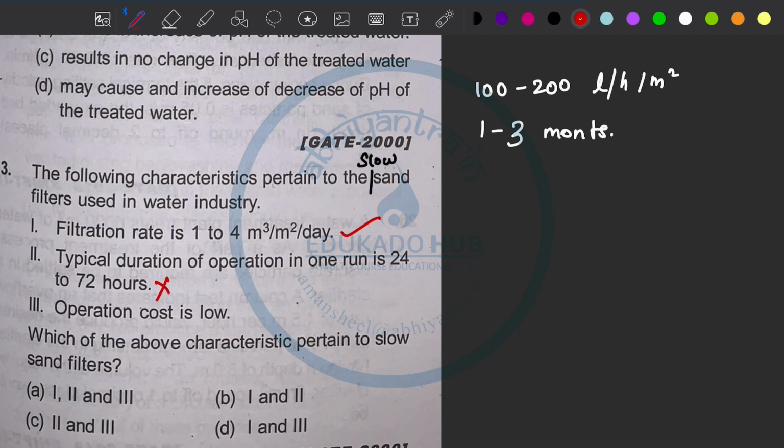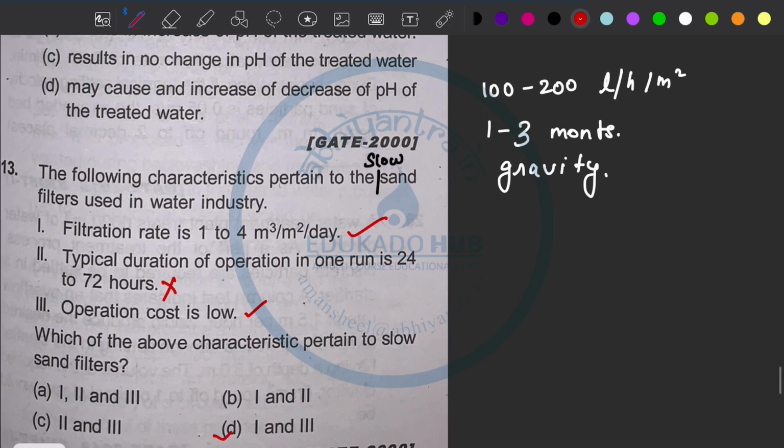And operation cost is low in slow sand filters as it works on the basis of gravity, and because of this the third option is correct. So only option 1 and 3 are correct and the answer will be option D.